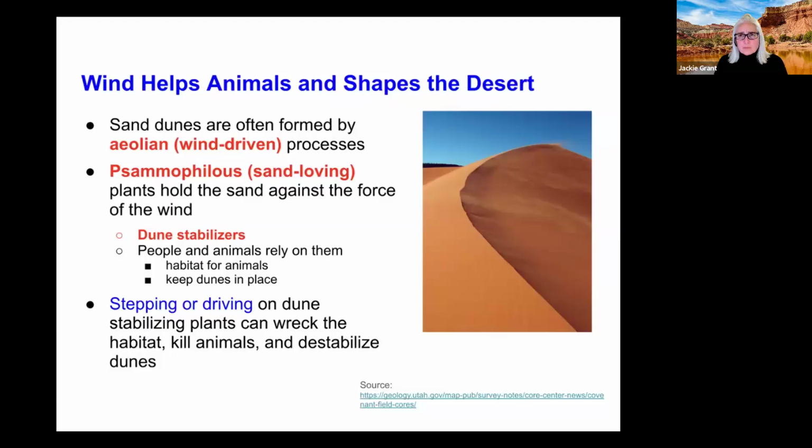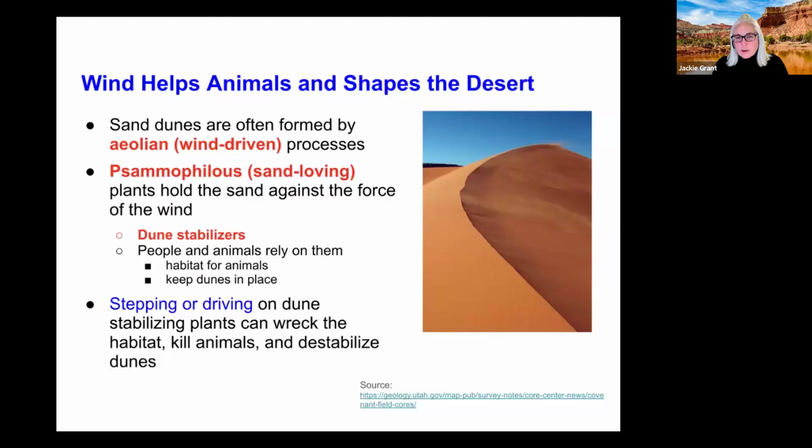For animals, the dune stabilizing plants keep the sand dunes in place and provide habitat for the animals to live in. And for humans, especially on the coastal part of the world, wherever there are sand dunes, we want to keep those sand dunes in place so that the coast doesn't erode away into the ocean and so that the sand dunes don't go over the road and cover it or cover a house or part of your yard with sand if you happen to live near a sand dune. So these psammophilous plants are really important for sand dune ecosystems and the humans who live around them.